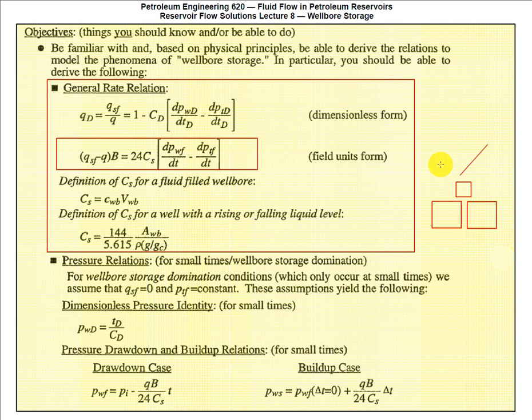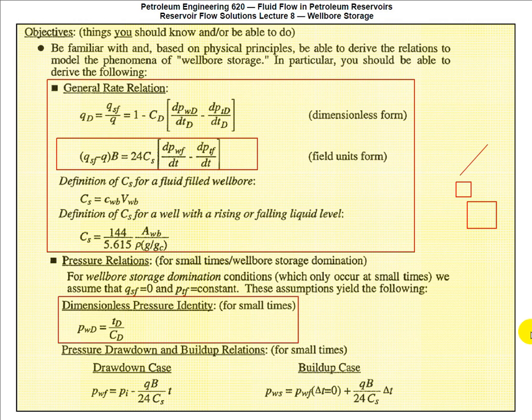And what we'll show later on is that we can take that relationship and we can derive early time pressure relationships. How can we do that, class? What is the sand face rate at time equals 0? What's the surface rate?